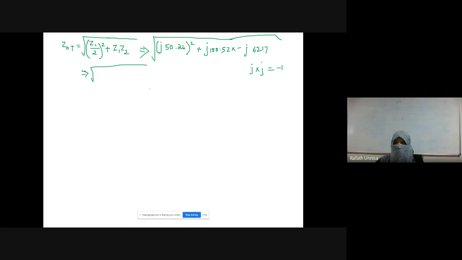J square is minus 1. So here 50.26 square, how much are you getting? Over here J square we will have, so minus we are getting. If you can give me the direct answer, no problem, or if you want to give the step-by-step answer also, no problem.